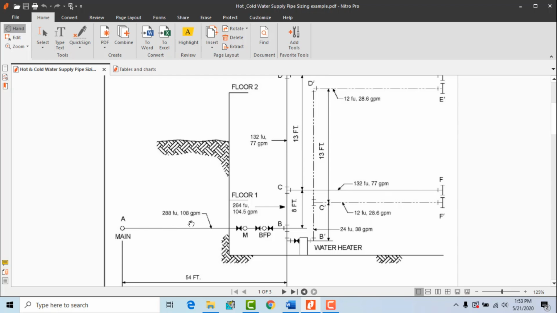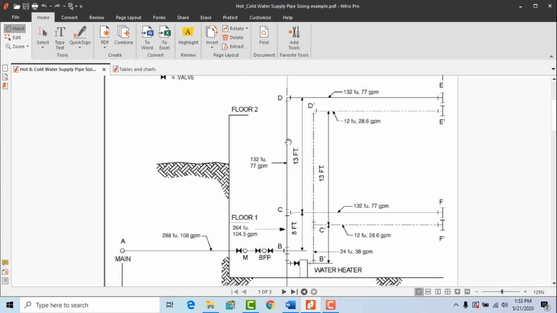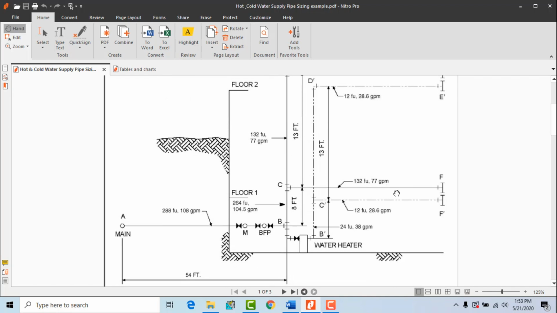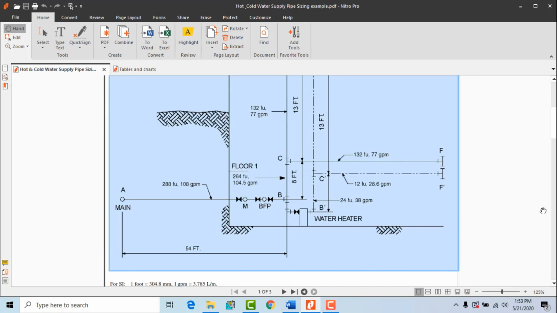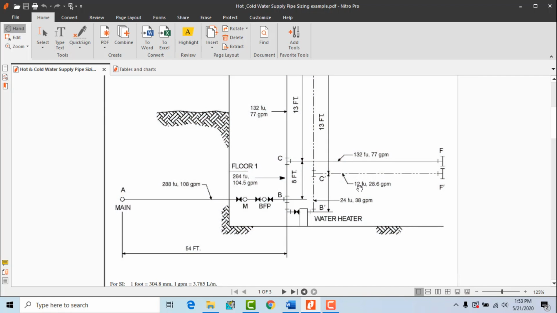As you can see, we have 288 fixture units here, then 264 fixture units B to C, and then 132 fixture units here, 132 here, 132 here, and C to F we have 12 fixture units.